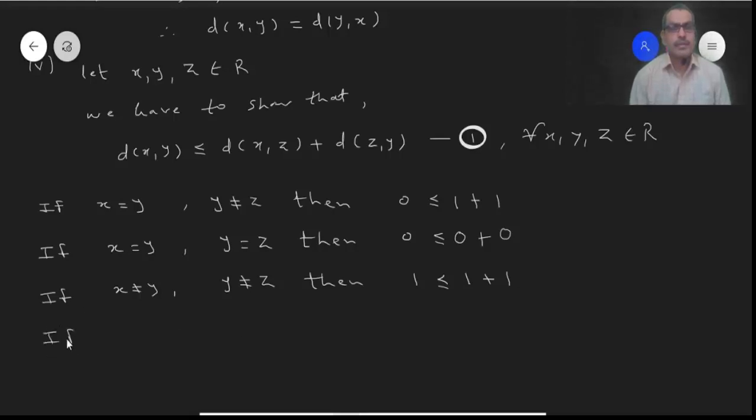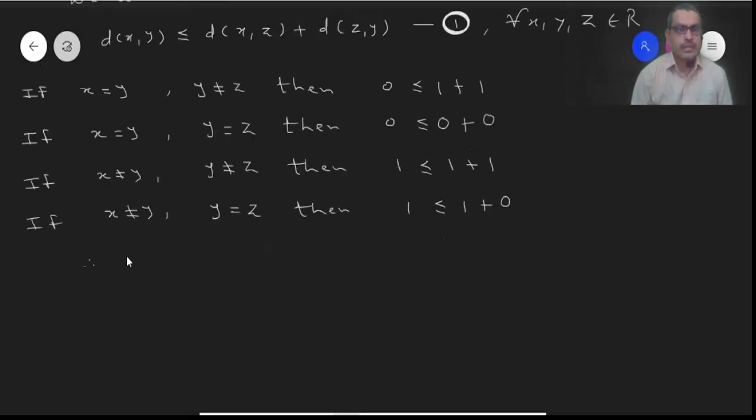If x is not equal to y and y is equal to z, then for x not equal to y the value is 1, which is less than or equal to the distance for x not equal to z, which is 1, and since y is equal to z, this one is 0.